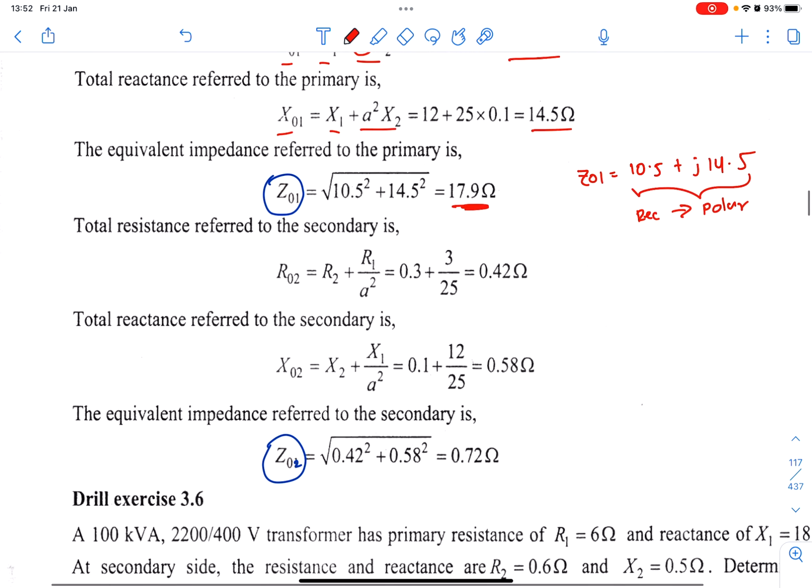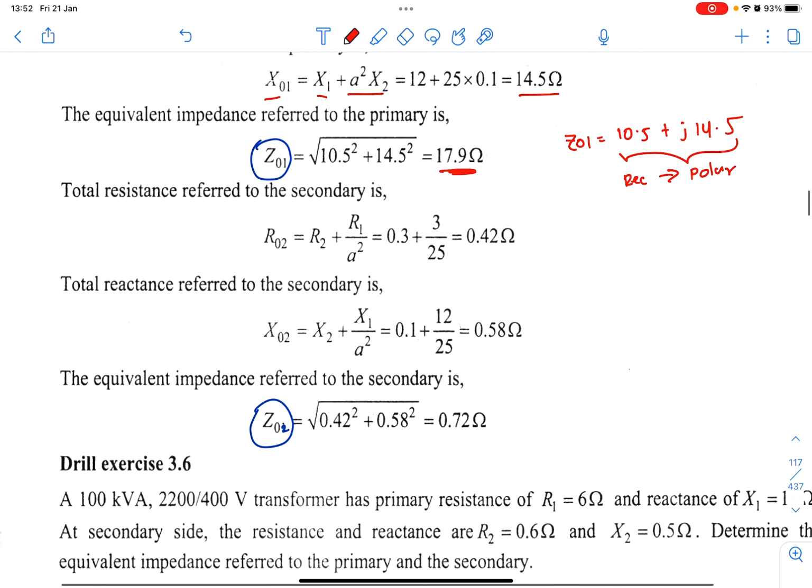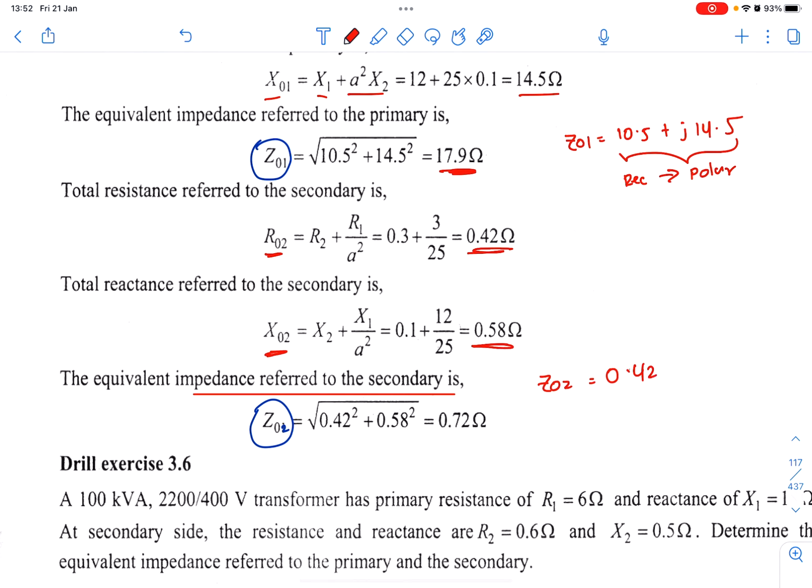So similarly, to calculate the impedance referred to the secondary side, first you need to know what is RO2. You get 0.42, and then XO2 is equal to 0.58. So ZO2 is equal to 0.42 plus j0.58.